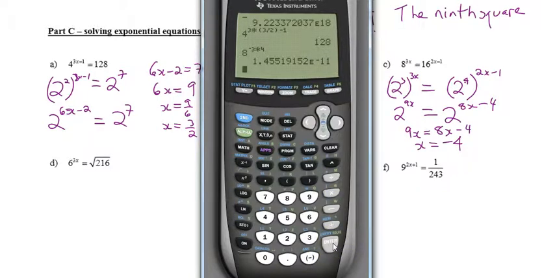And I'm going to go 16 to the power of negative 4 minus 1. And when I hit enter, what do I expect to see? I expect to see the same value, right? That tells me they're equal.